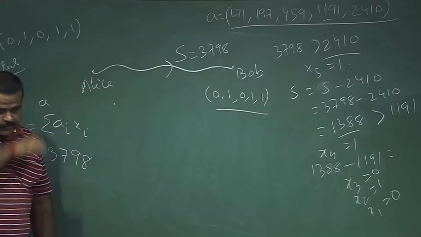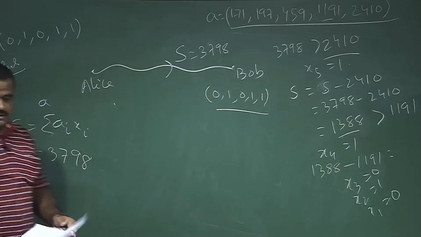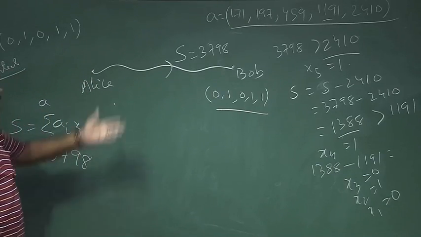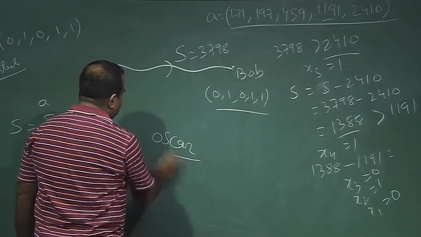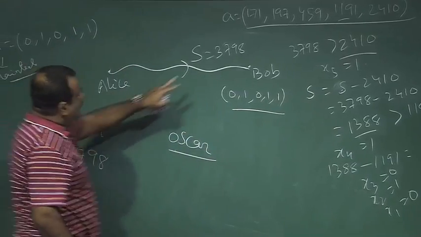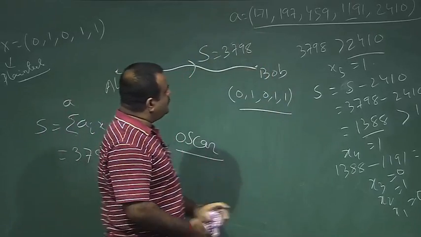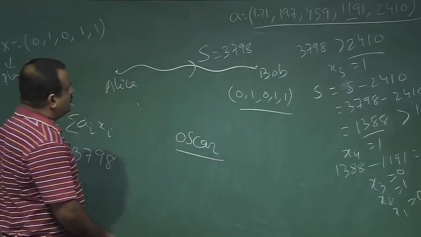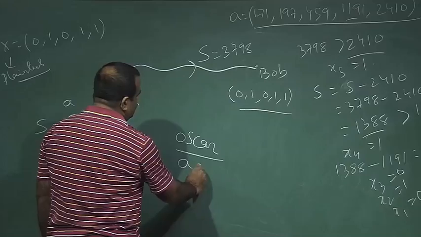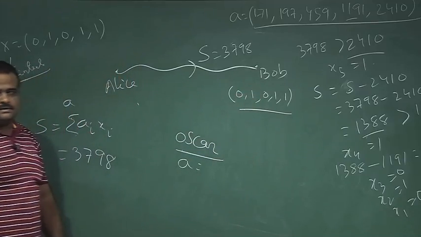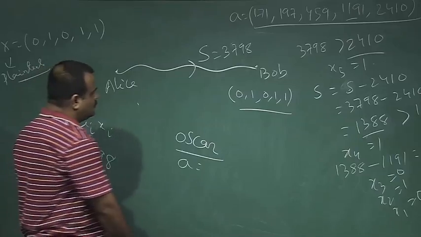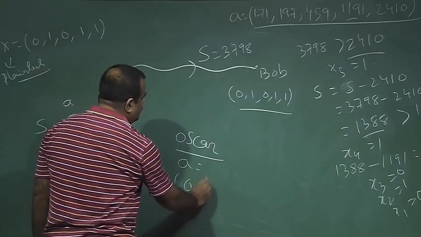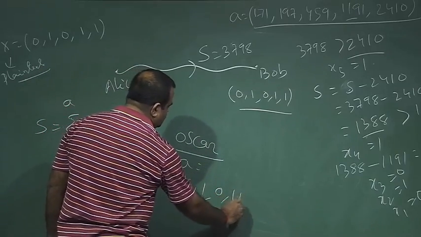Now this can be achieved by Oscar also, because this is the super increasing sequence and Bob is making it public. So Oscar also knows the super increasing sequence A. The same algorithm Oscar can also mount, and Oscar can get this x.